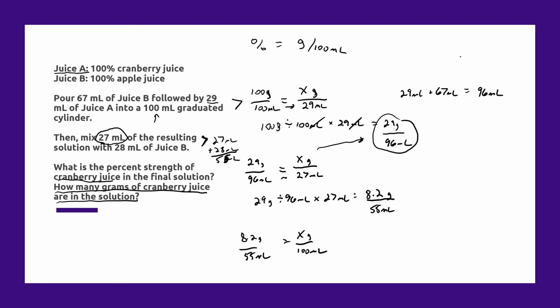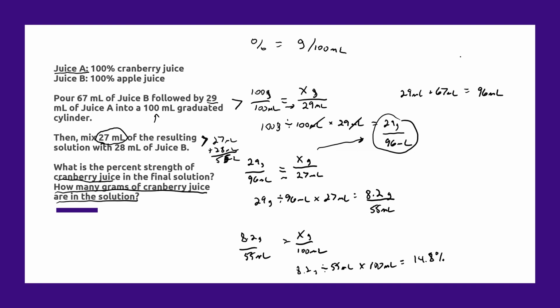To solve for that, we take 8.2 grams divided by 55 milliliters, cross multiplied by 100 milliliters. 8.2 divided by 55 times 100, and our answer is 14.8%, or 14.8 grams per 100 milliliters.